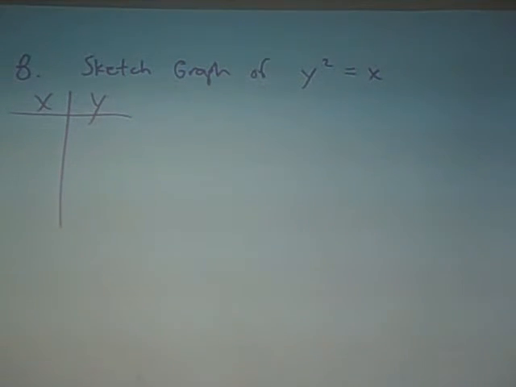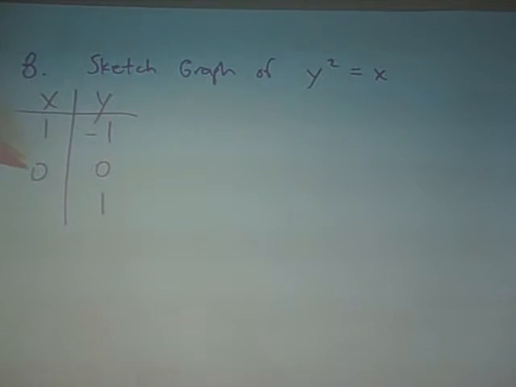So let's see. Let's plug in -1, 0, and 1, maybe, for y. If you put in -1 for y, -1 squared is +1, so that would be x. If you put in 0, 0 squared is 0.